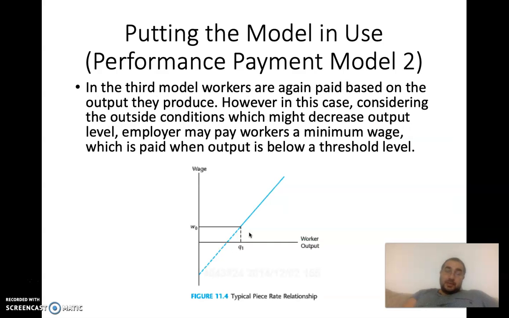As a result, in some cases, companies might also have a hybrid method, starting from a W0, a minimum wage paid to the workers. And as they show a better performance, they might increase their wage above this level. Sometimes academic institutions also do this.